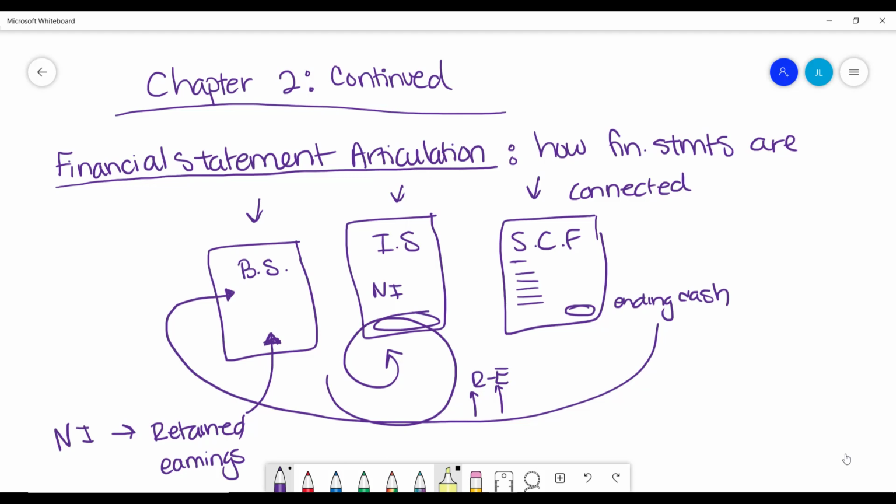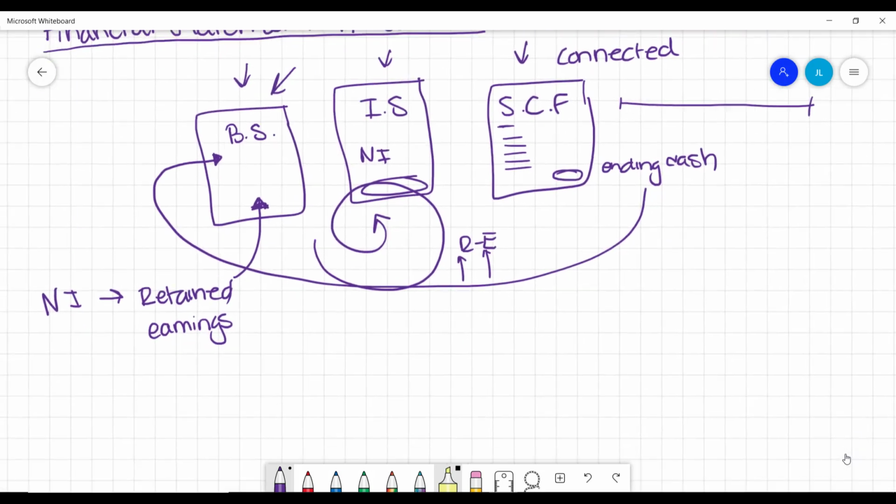The only difference is each of these financial statements tell their own story for a different period of time. The balance sheet gives us a point in time on a specific date for the end of a period, where the income statement and the statement of cash flows shows us some economic activity over a period of time. Okay, so that's the main idea behind financial statement articulation.